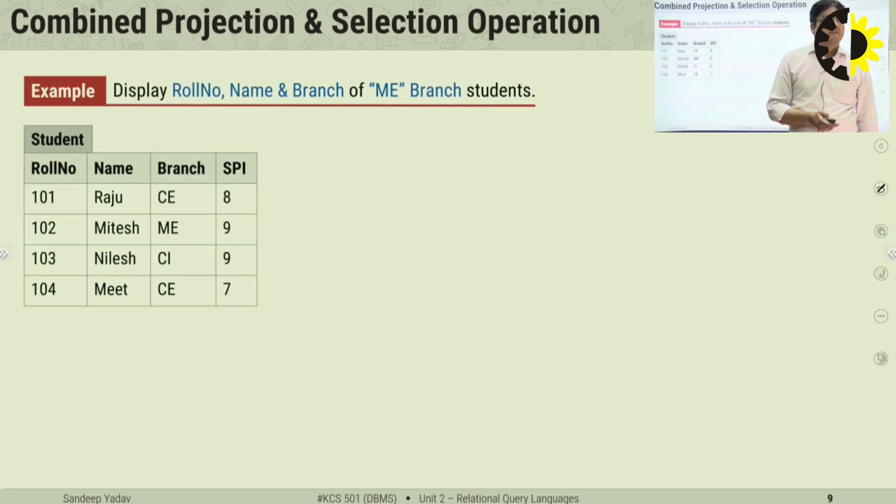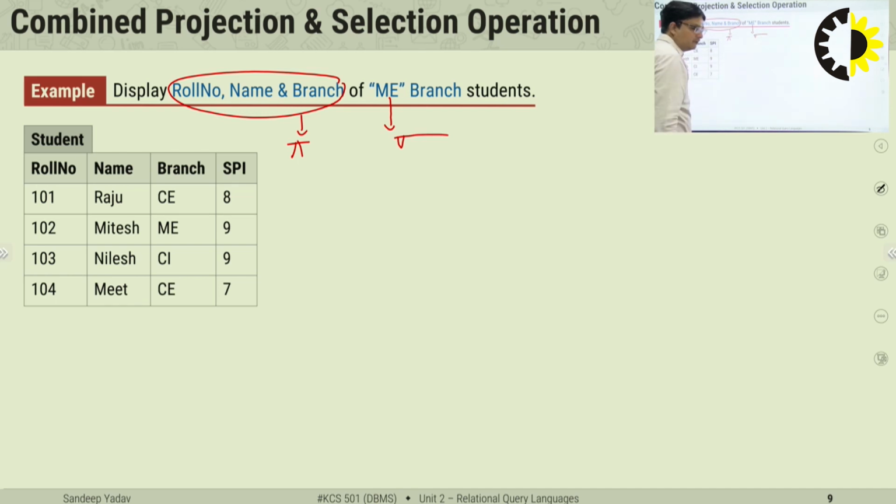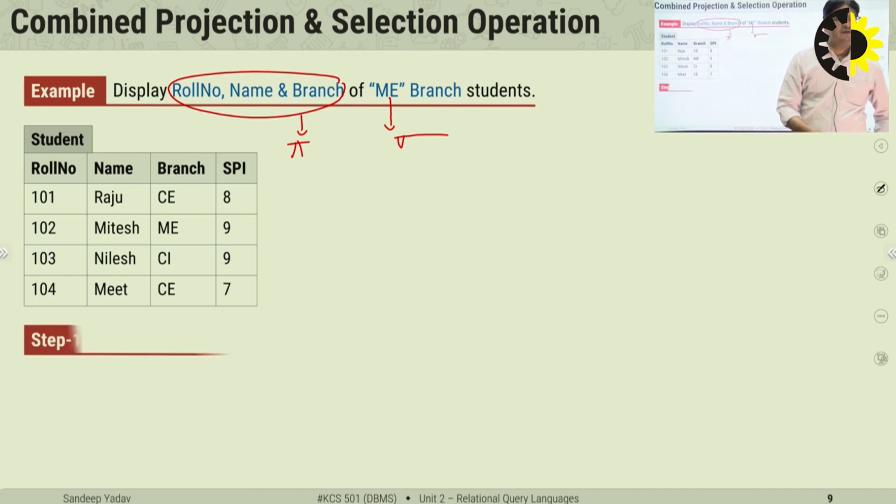Now we need to see the following query: display roll number, name and branch of mechanical branch students. So we need to display these things. These things can be displayed by pi, and this is the condition part. So we need to combine both operations. Now we will see how to write the query for this.